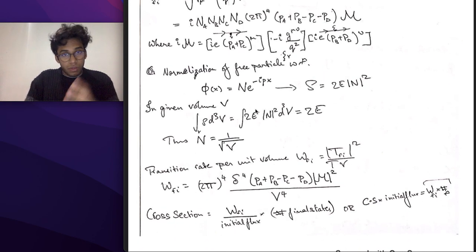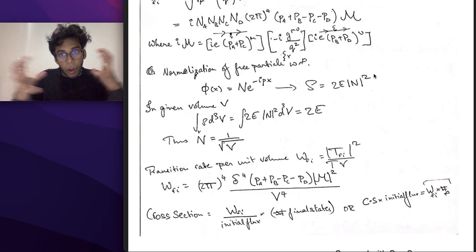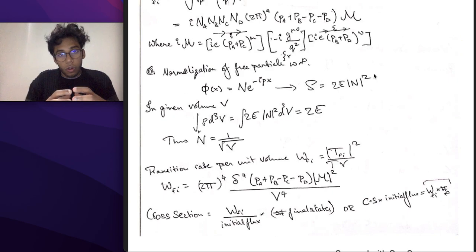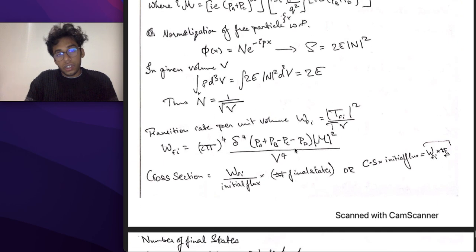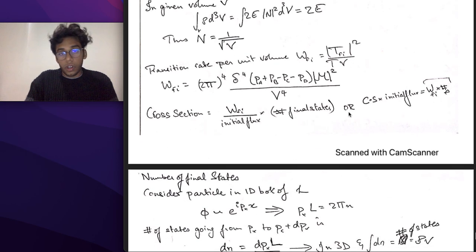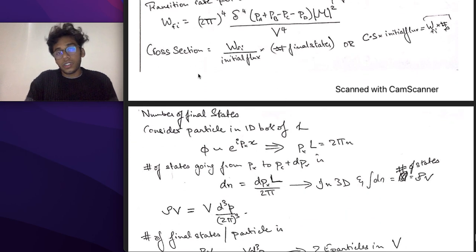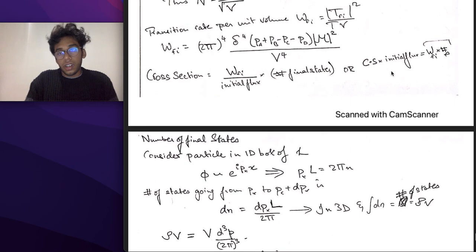But have a look at the plane wave solution, and you need to normalize the plane wave solution, and then bound the number of particles in a unit volume, and after that you have a relation between the coefficients and the volume, and then you have transition rates per unit volume defined, then you have the cross section defined, and the cross section times the initial flux, okay.